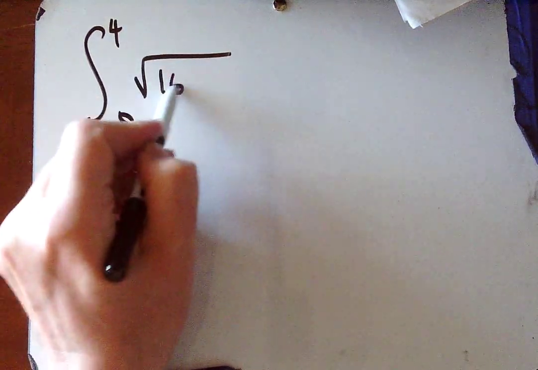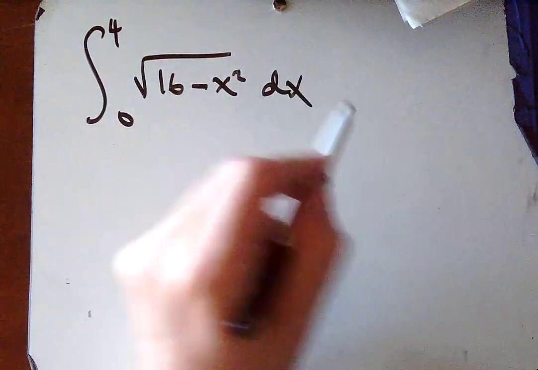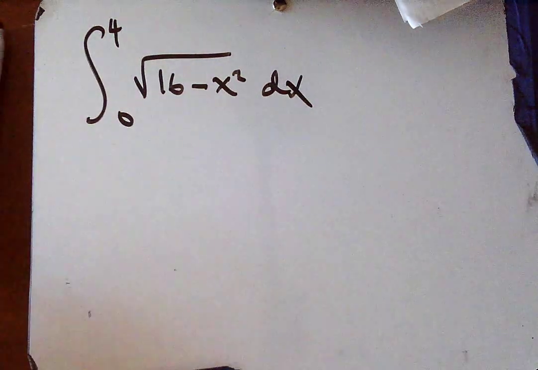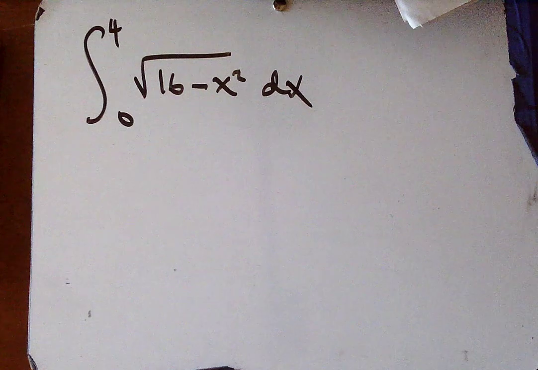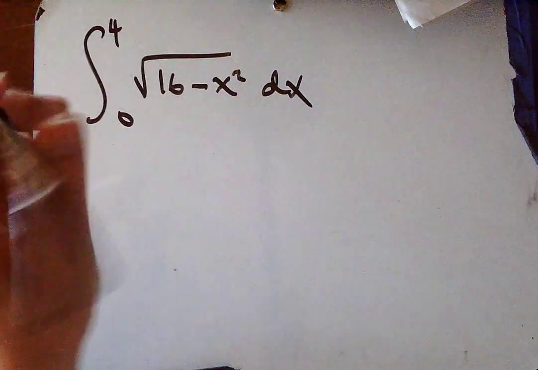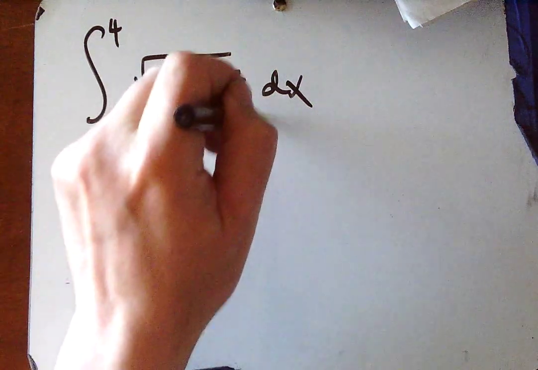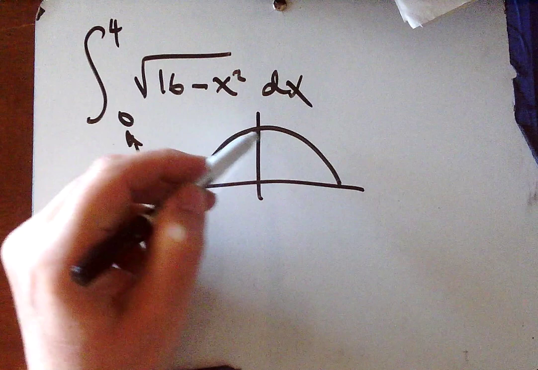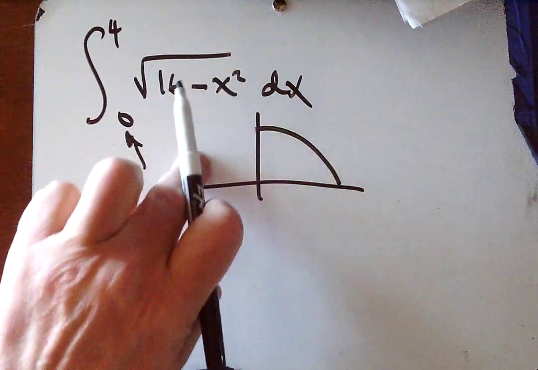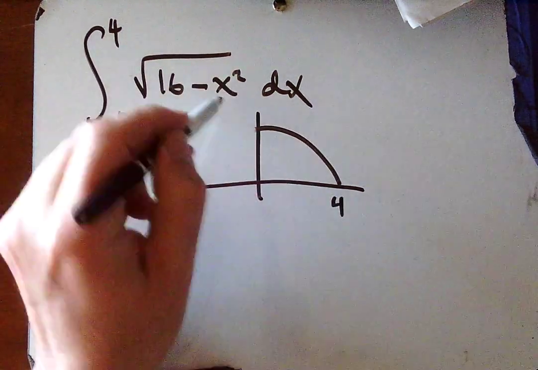I kind of wanted to go next and say, hey, what's the integral from 0 to 4 of 16 minus x squared dx? Will you please do that one? I hope you were thinking about a semicircle, but actually, from 0 to 4, it's a quarter of a circle.